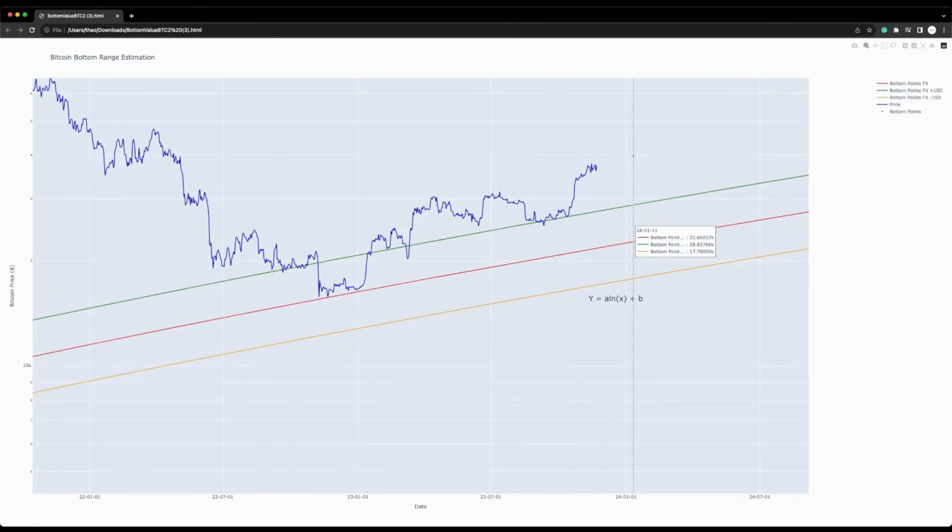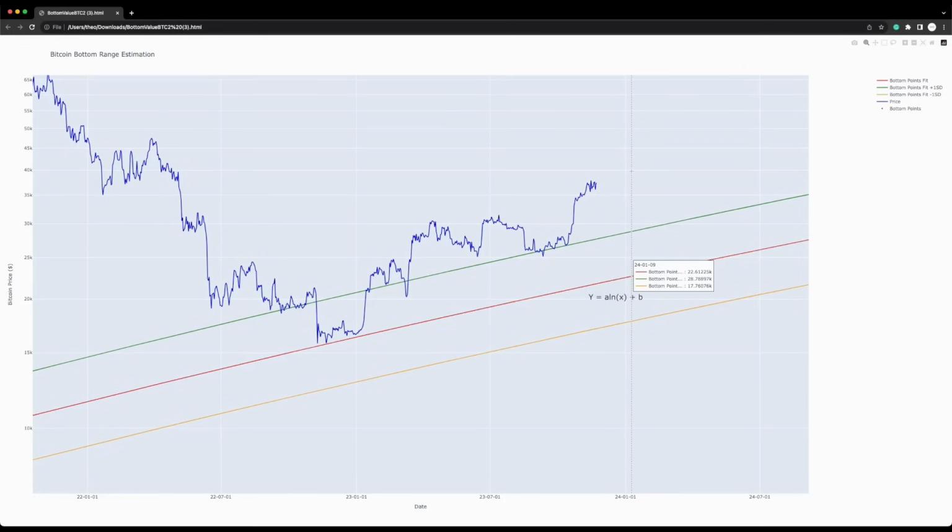So after this observation, we will be able to make our portfolio allocation in the best way possible, and I'm going to explain now. Let's have a closer look. As we don't know if the green line will be able to act as a support again, it's not wise to set a large buy order around the red line.